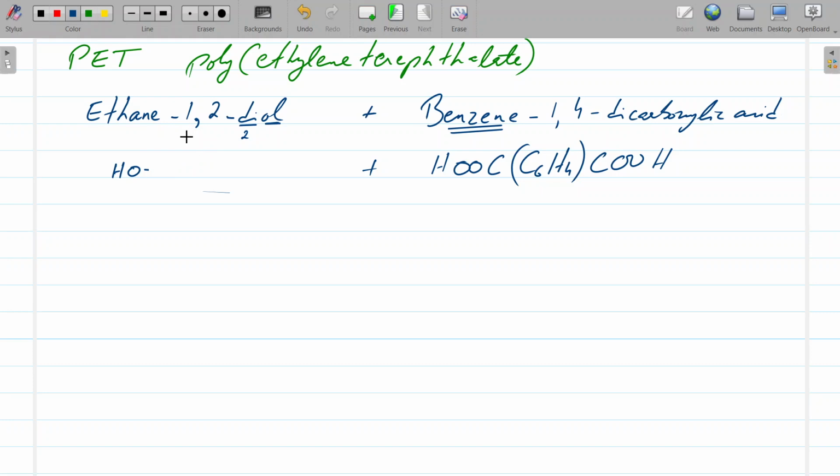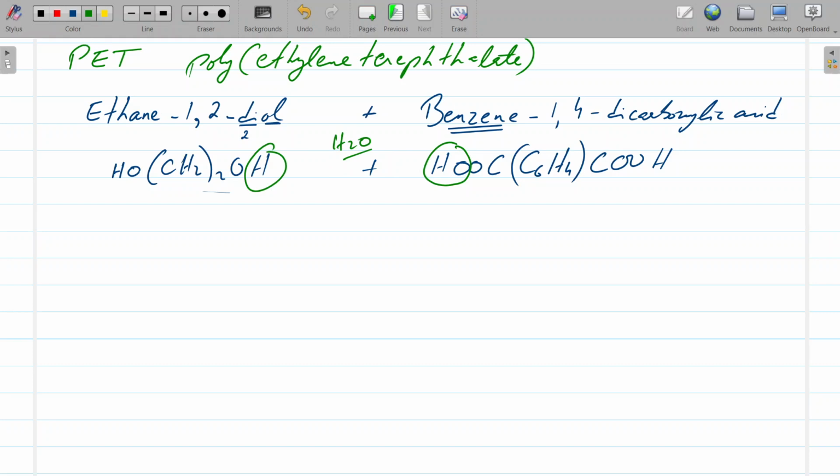So we've got the OH and the CH2 twice and an OH here. And so what's taking part in the reaction is the H from the OH and the OH from the acid, and that's going to give off a water molecule, so it's a condensation reaction.